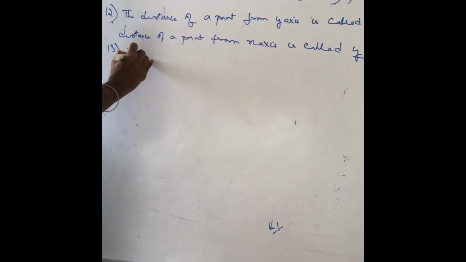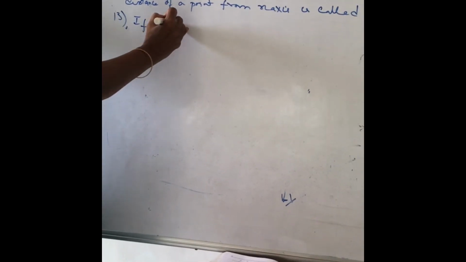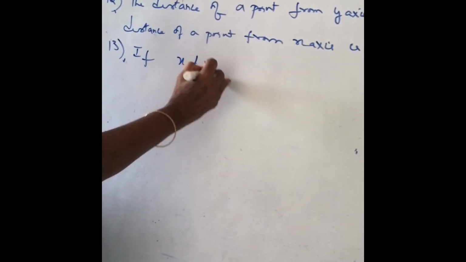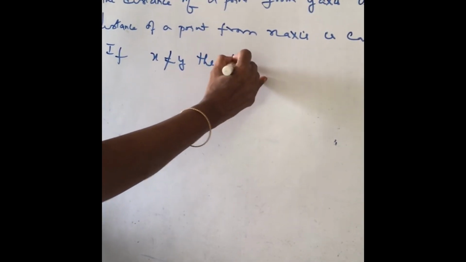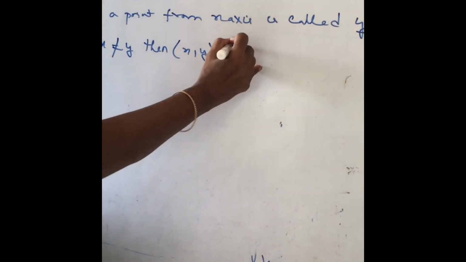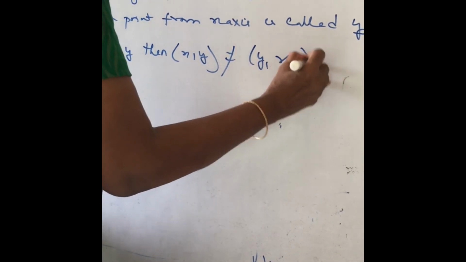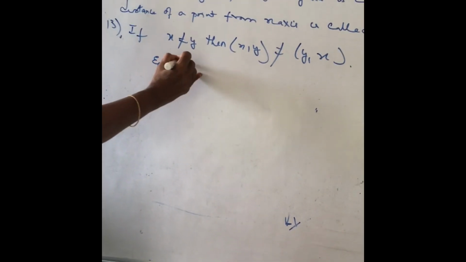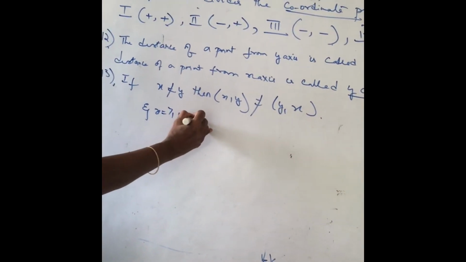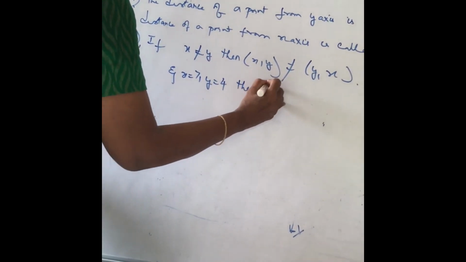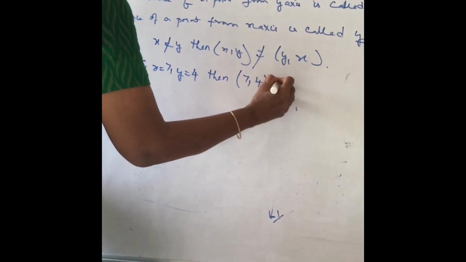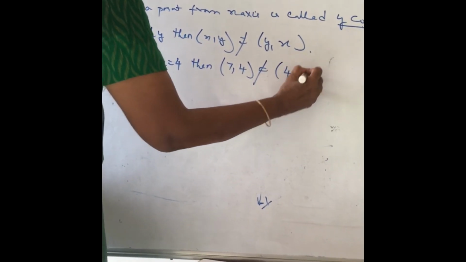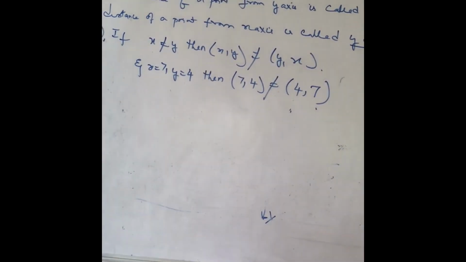If x is not equal to y, then x comma y is not equal to y comma x. Example, x is equal to 7, y is equal to 4. Then 7 comma 4 is not equal to 4 comma 7.